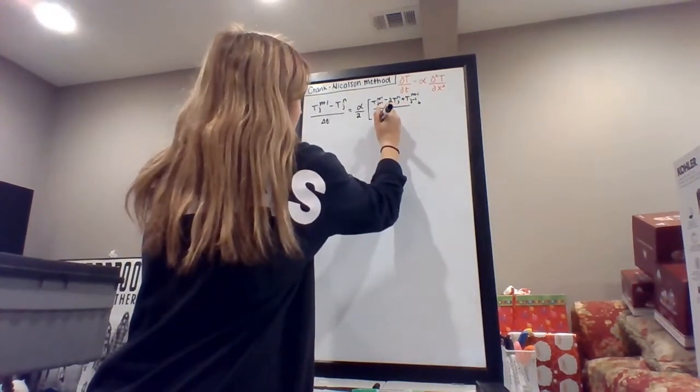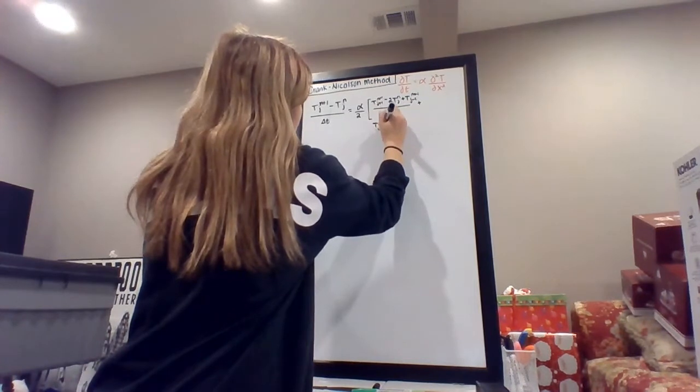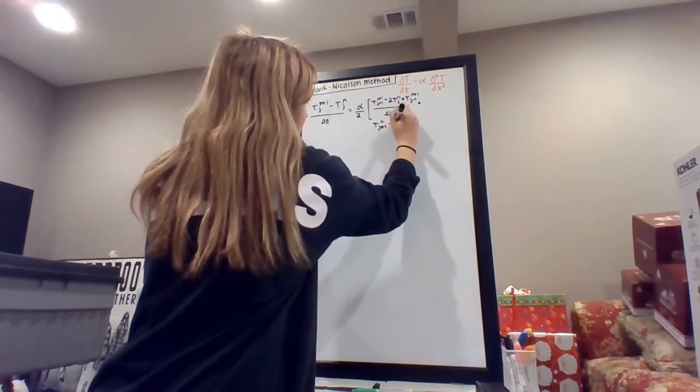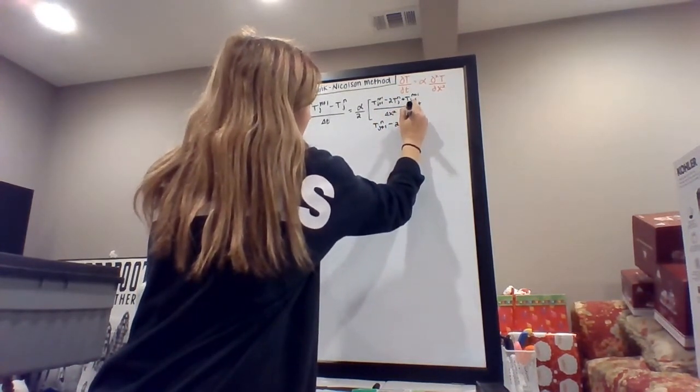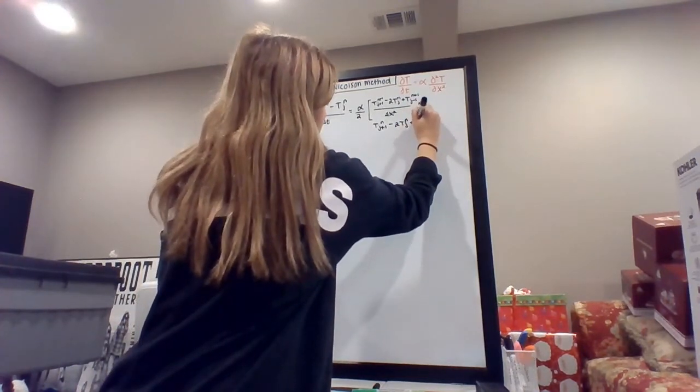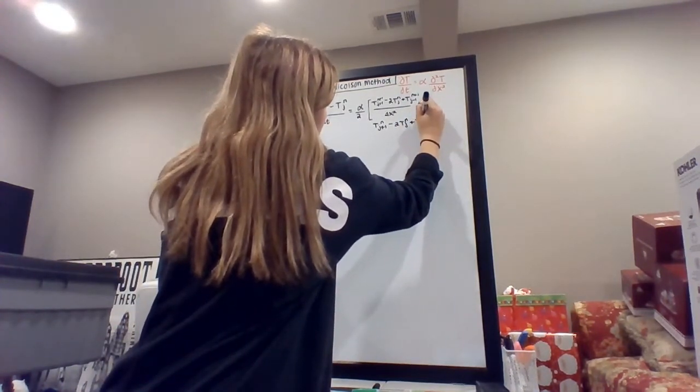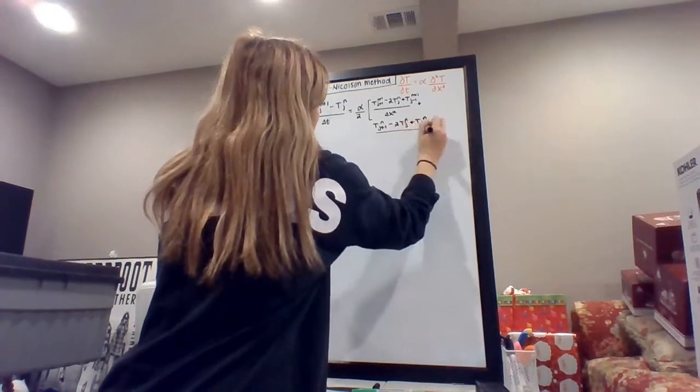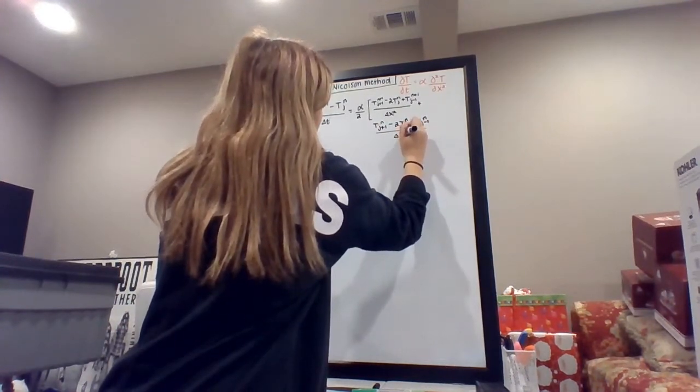But it'll be plus Tj plus 1 to the n minus 2 Tjn plus Tj minus 1 to the n all over delta x squared again.